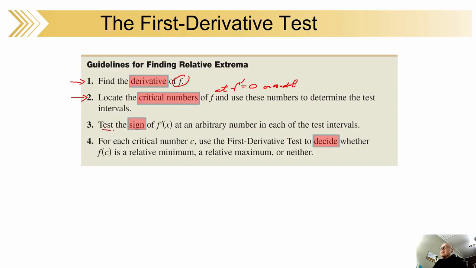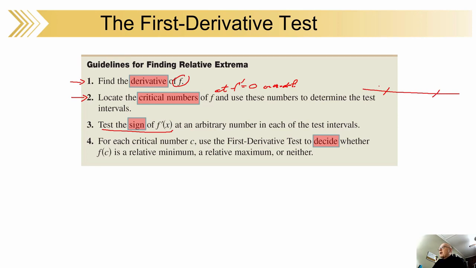You're going to test the sign of the derivative. Now these critical numbers are going to split the number line just like as if you took a knife to it and cut it in pieces. Take a scissors, cut the number line up. Here's your number line. If you cut it here and cut it here, those are where the critical numbers are.